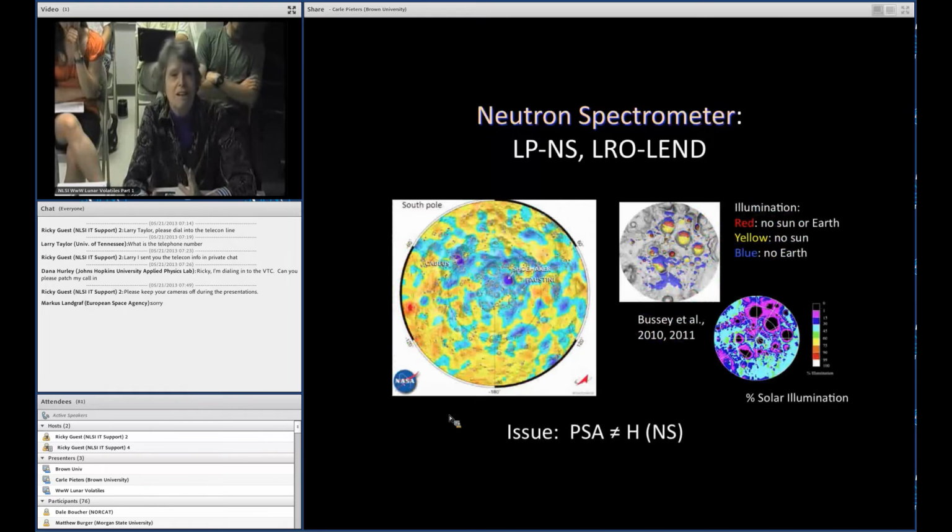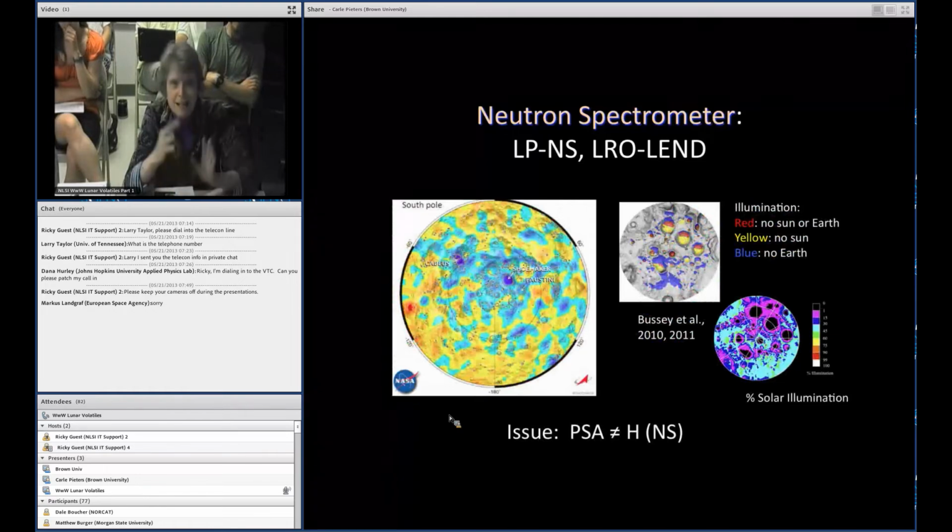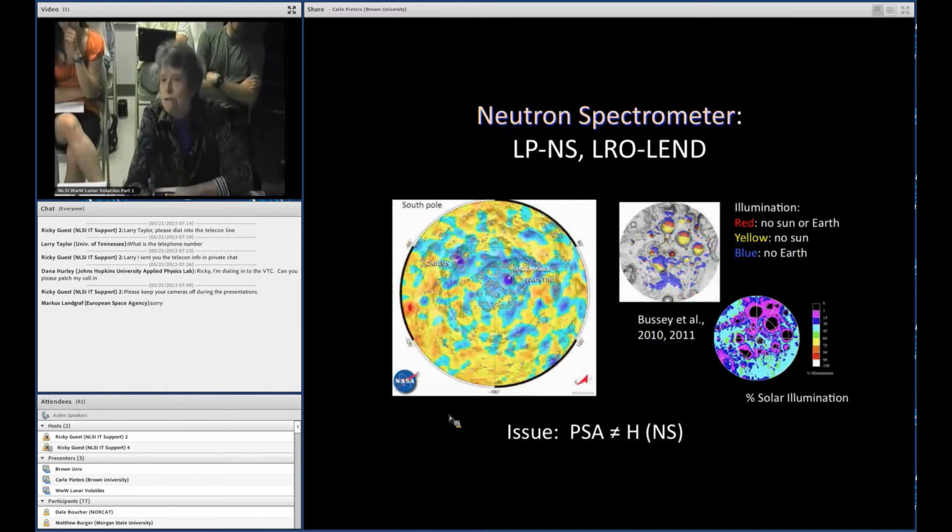So this was a puzzle. This was not expected. We expected to see nice deposits of hydrogen where we have permanently shadowed, but it's not simple, we've learned.